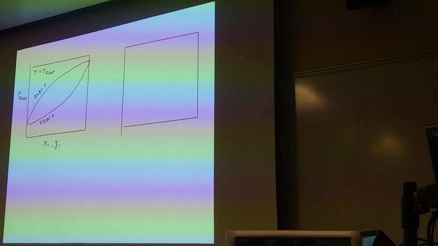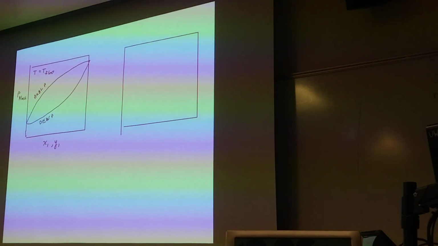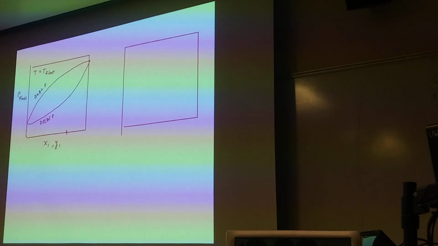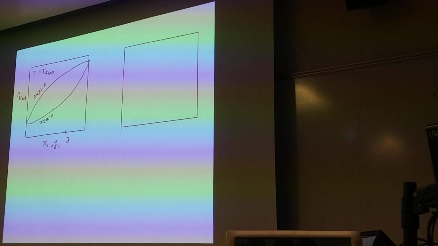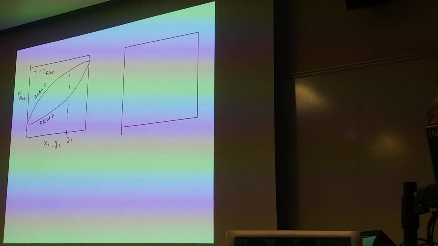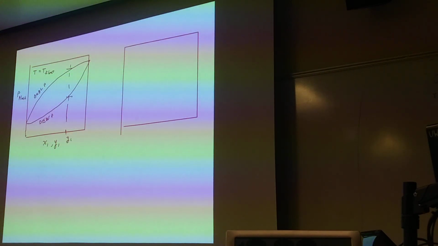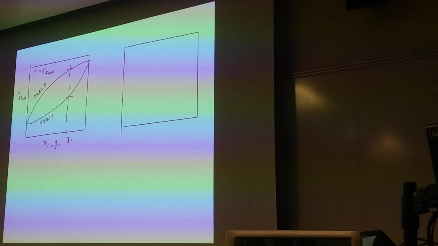The pressure has to be somewhere that I find myself with a system which is going to split into two phases. So let's let this be Z, assuming I've got a binary. If that's Z, the pressure is going to have to be somewhere between here and here.